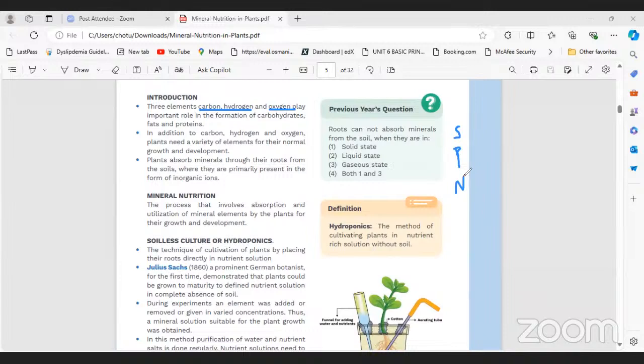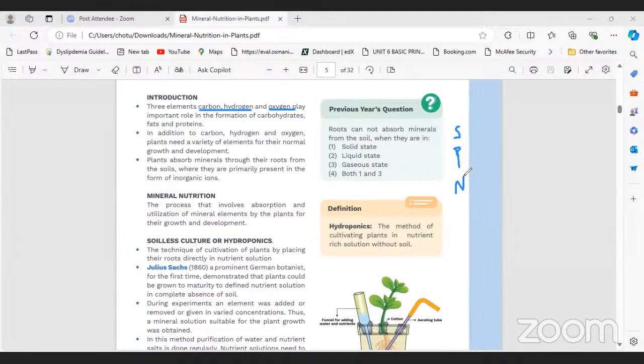Therefore these are called framework elements, CHO. Other elements like sulfur, phosphorus, and nitrogen are required for protein synthesis, which is an important constituent of protoplasm. These elements are therefore known as protoplasmic elements. Here two types of elements are there: one is the framework elements, the second is the protoplasmic elements.